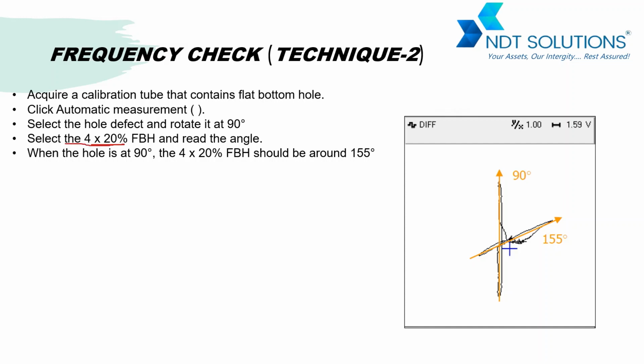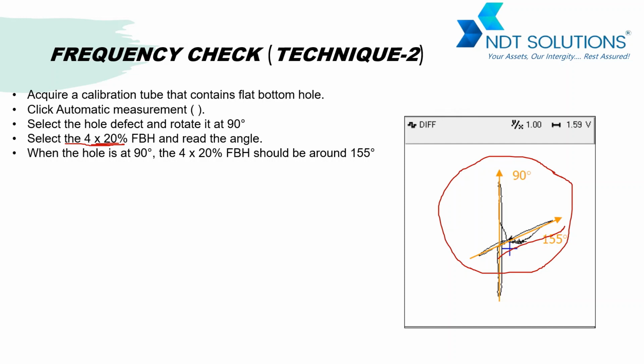When we keep the through hole at 90 degrees, the 20% flat bottom hole should be in the range of 150 to 155 degrees. If it is there, then we have the centralized frequency that we can use.